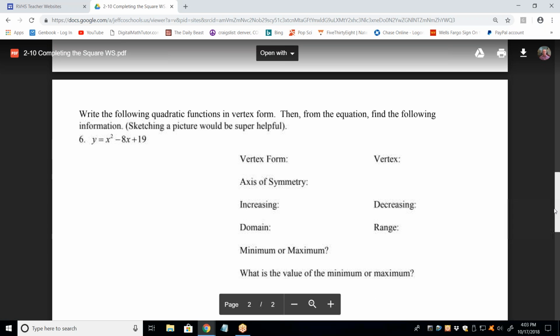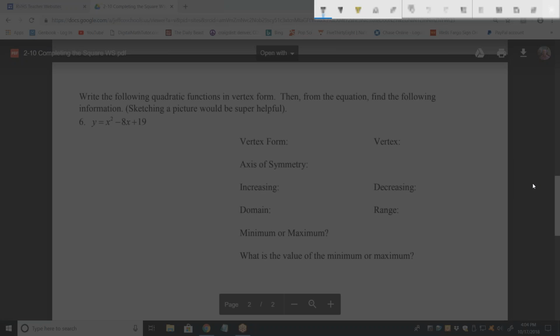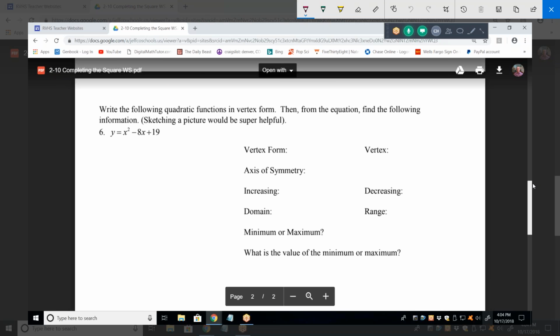Okay. Here, they want you to write the quadratic in vertex form. What is vertex form? Tell me. Ax squared plus x. No, that's not it. That's standard form.